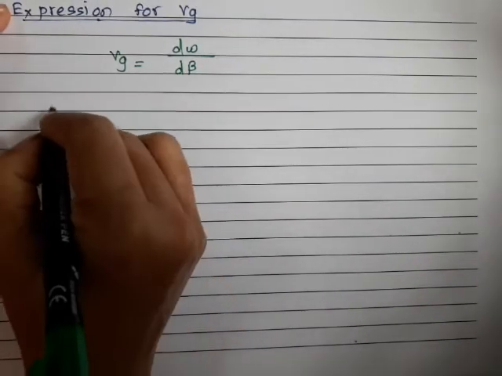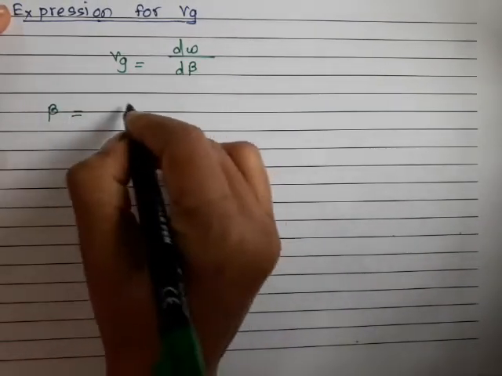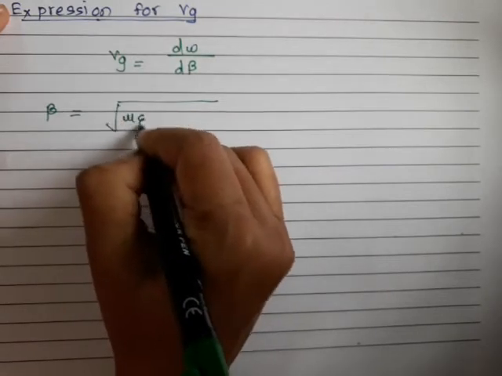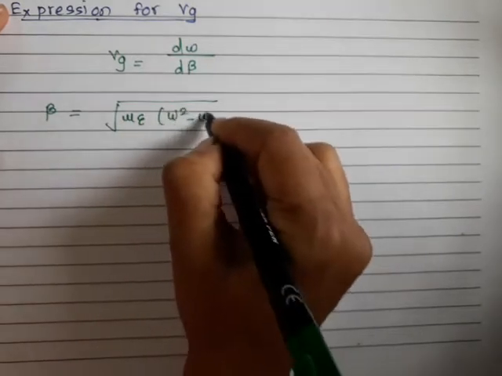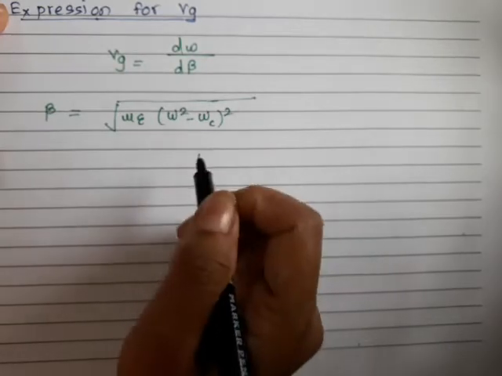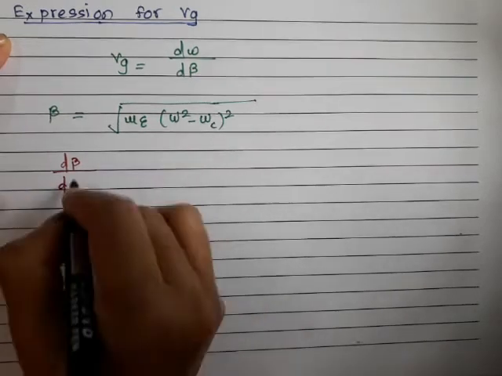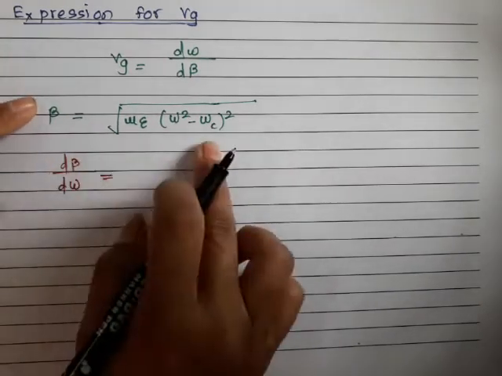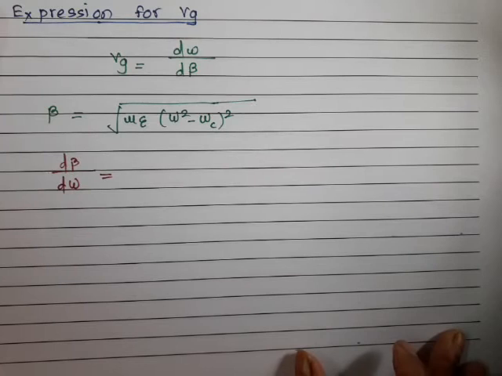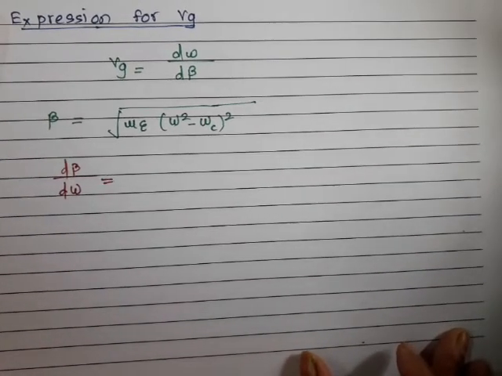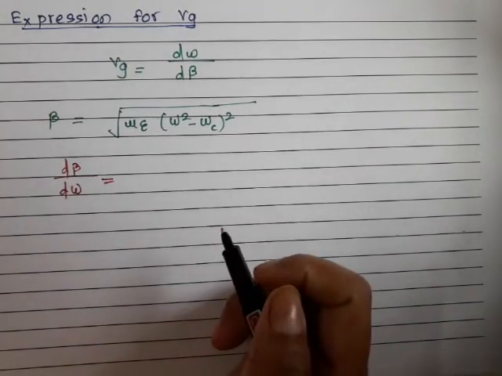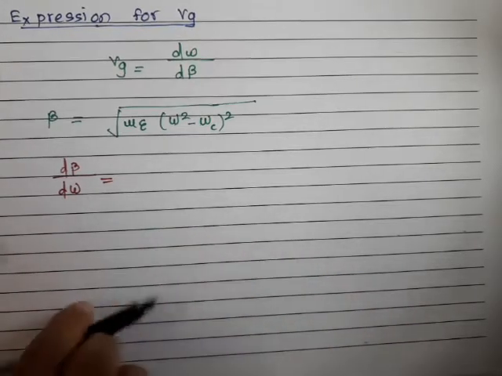Okay. Now from the previous equation we know that beta is nothing but the square root of mu epsilon times omega square minus omega c square. Now whenever I'm writing d beta by d omega, as I know this value, I'll calculate this one and I'll invert it. If you invert d beta by d omega to d omega by d beta, you'll get the group velocity.